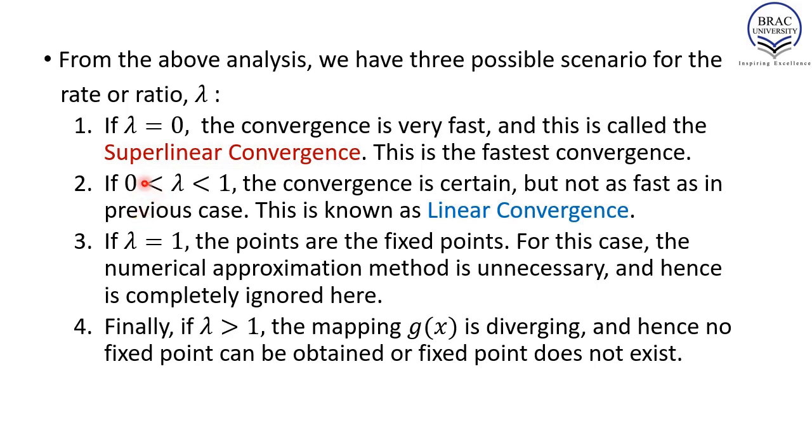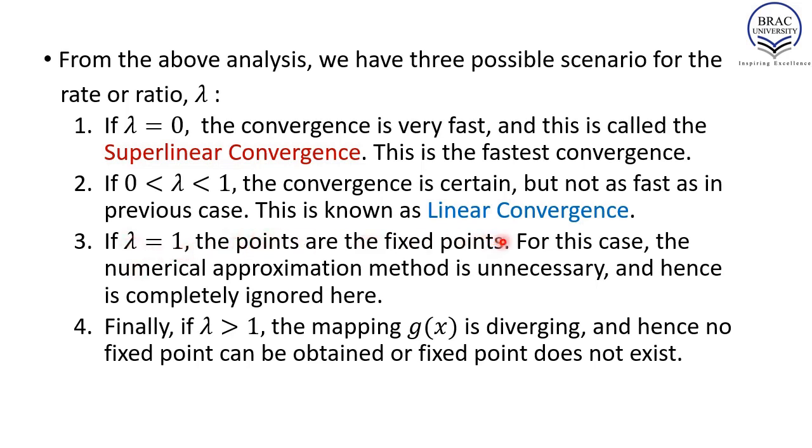Second case, lambda is less than 1 but greater than 0, a non-zero finite number. The convergence is certain but not as fast as in the superlinear case. This one is known as the linear convergence.